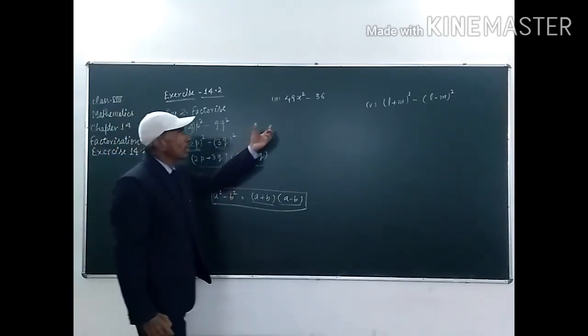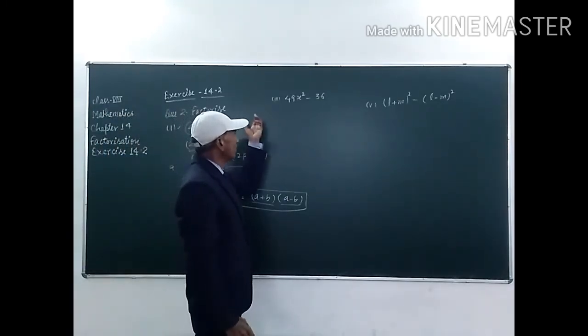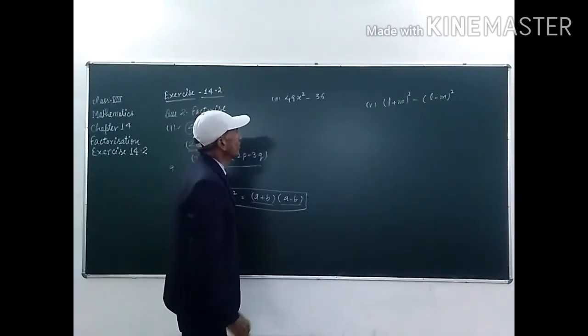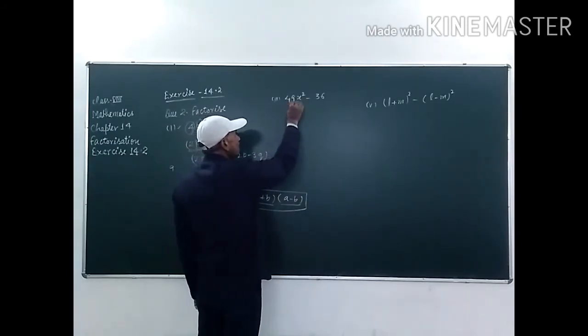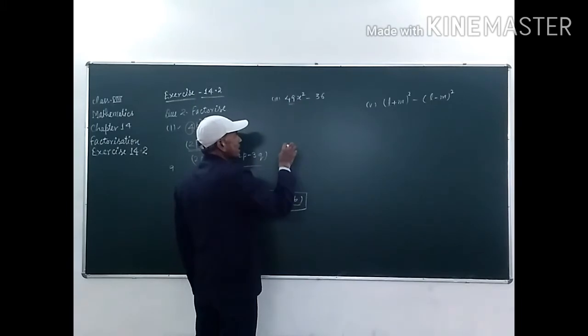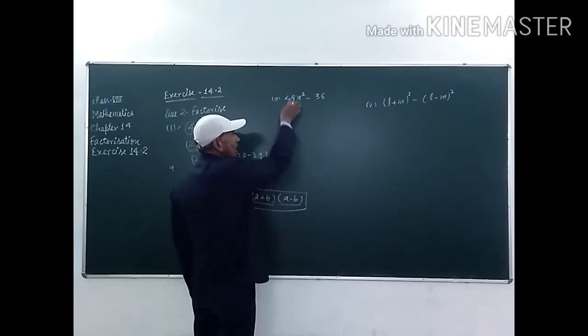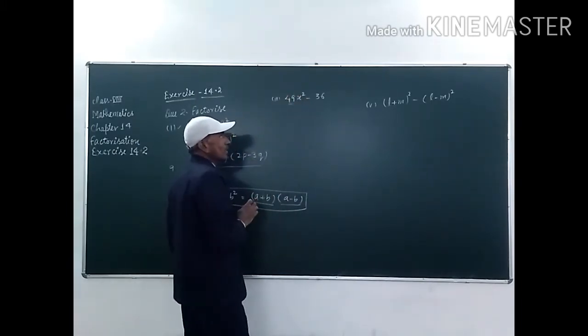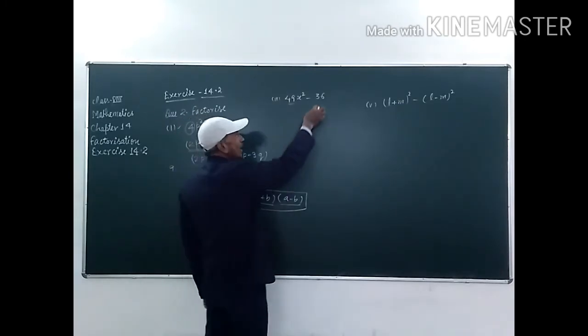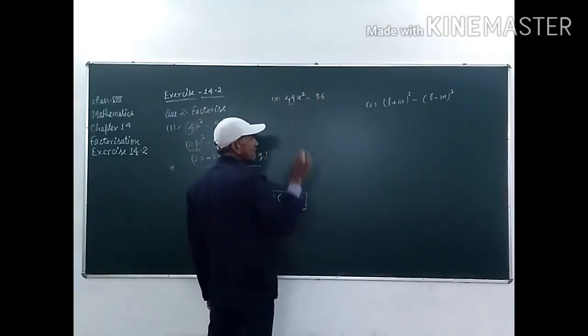Now, we have to solve question number second part third. So, here we find, student, that in 49x square, we have to find out the square root of 49 first. After that, we have to find out the square root of this 36.